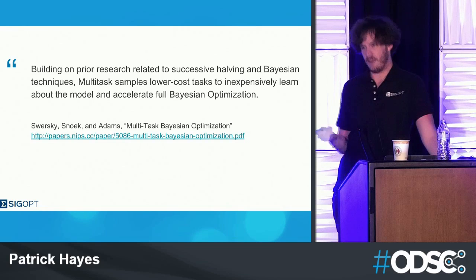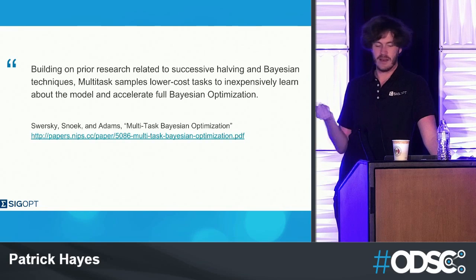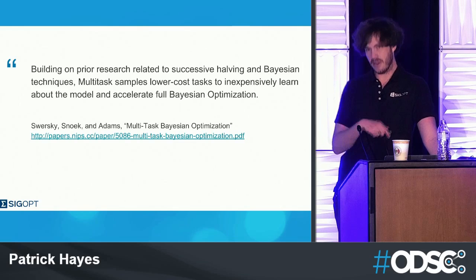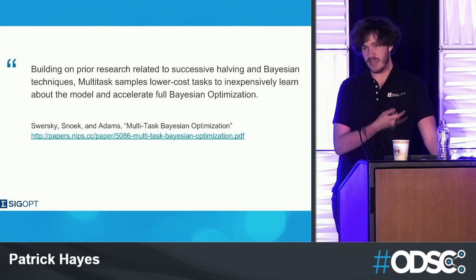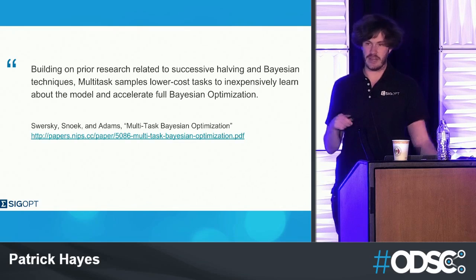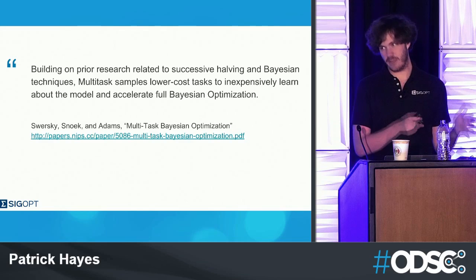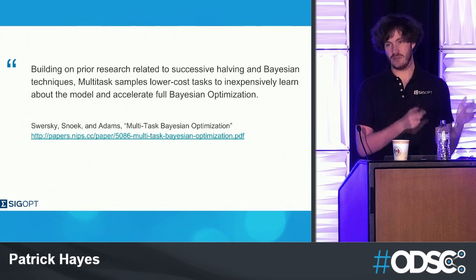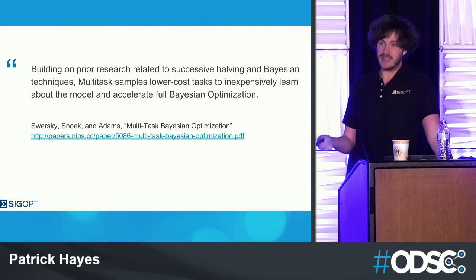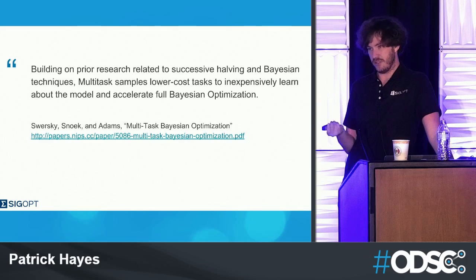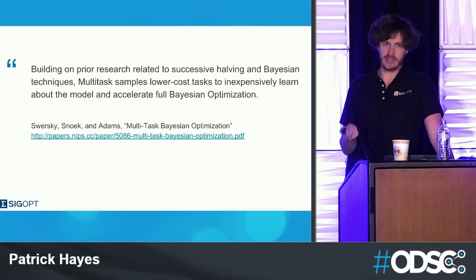On the one hand, it relies on the previously mentioned idea of sampling partial cost versions of the model and using those to learn about the full cost version. And on the other, it relies on cutting-edge Bayesian optimization techniques to efficiently explore the search space with the cheap tasks and exploit that information with full cost tasks to solve the problem. The idea is that this approach will introduce additional efficiencies and further accelerate the training process.